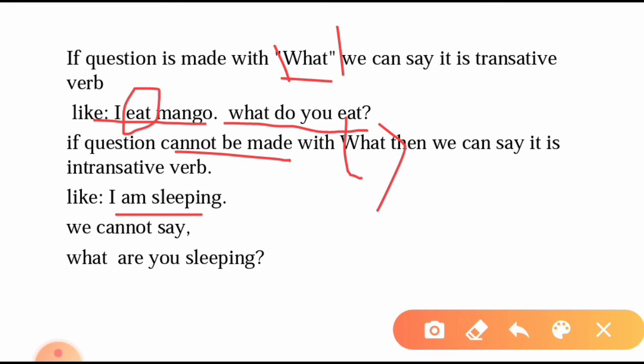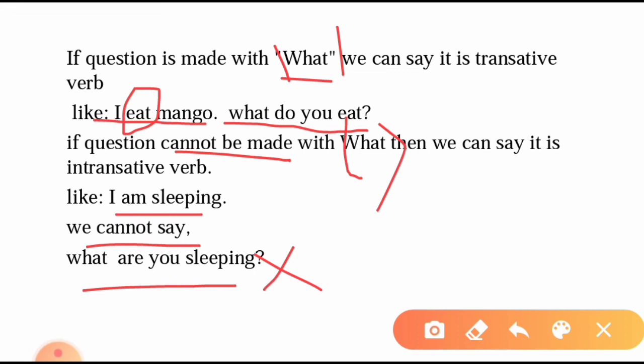Now can we make a question of it with the help of the word what? We cannot say, what are you sleeping? So we cannot make an interrogative sentence with the help of what for the verb sleeping. It does not make any sense to make this kind of question. So in that sense we can say it is an intransitive verb.